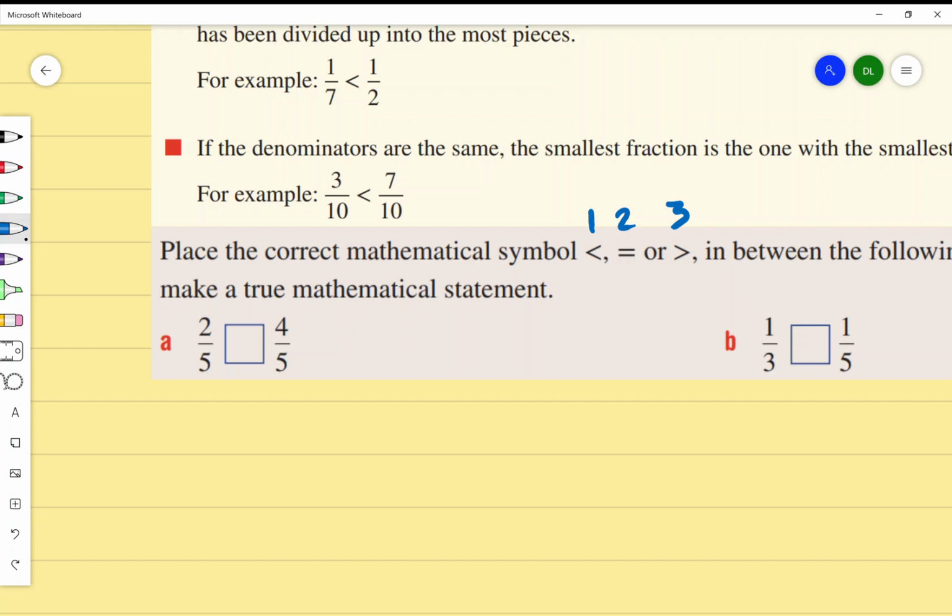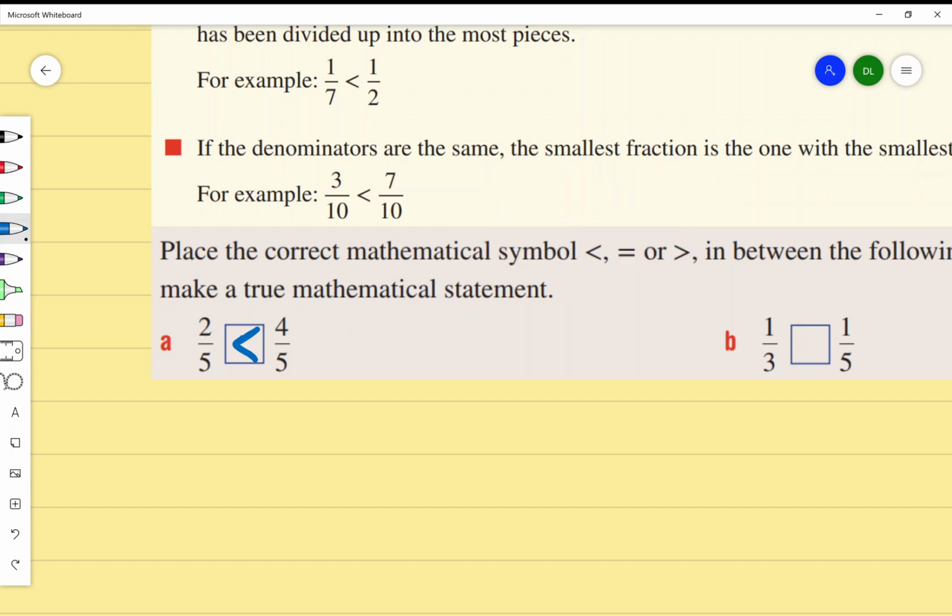You're saying that 4 over 5 is bigger than 2 over 5, aren't you? So which symbol should I use? We should be using the first one, because remember, the alligator eats the bigger one. Remember that stuff? Awesome.